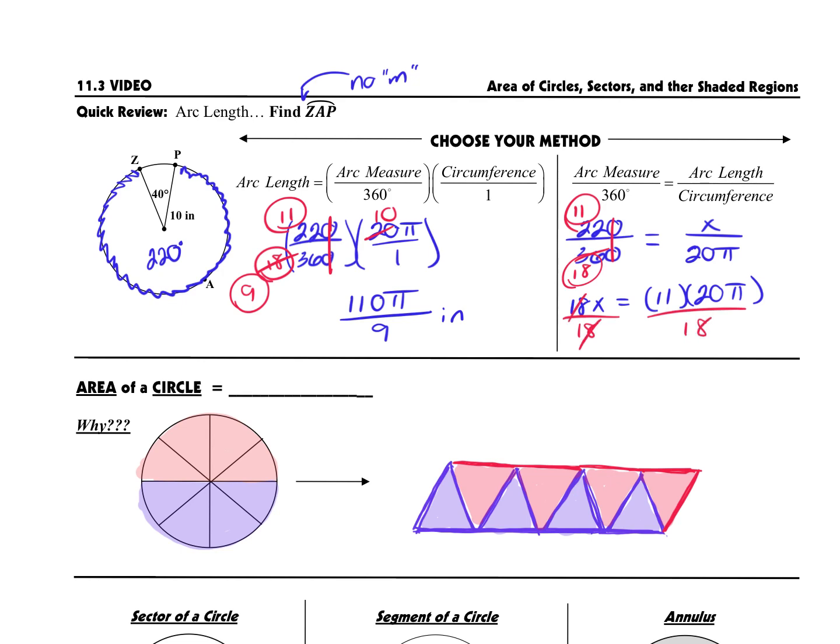It's going to make this a lot easier to follow that the 18 becomes 9 and the 20 becomes 10. So that's going to be an easier method to get us to our final answer of 110 pi over 9. Okay, so just that quick review there because we will be using that again later in this video.